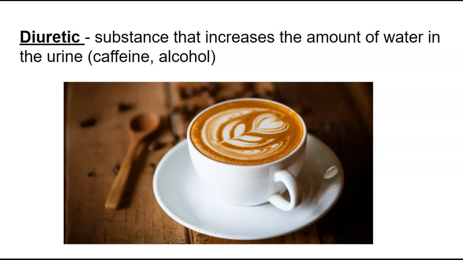So this is different from when you drink a whole ton of water and then have to pee a lot, because then you're peeing because you're hydrated and your body has plenty of water. A diuretic is a substance that tricks your body into thinking you need to get rid of water and pee, and in the end causes you to become a little bit more dehydrated. So it is not a bad thing to have caffeine. We're just talking about, when you have lots and lots of it, it can cause your body to become dehydrated.